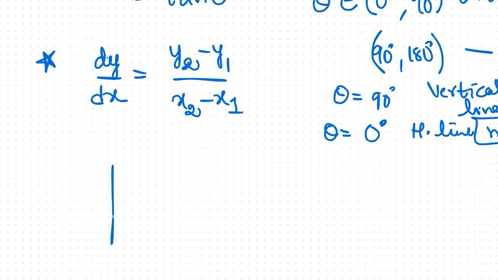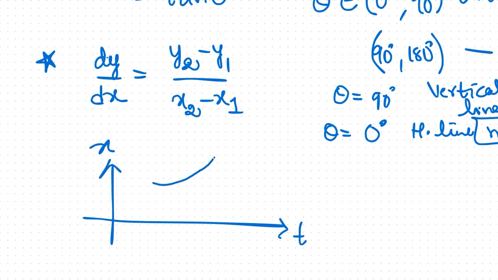In graphs, whenever you are trying to find the slope, let's say an x versus t graph, the path from point A to point B. Notice that x2 minus x1 is always positive.